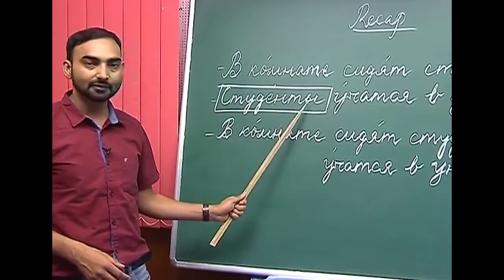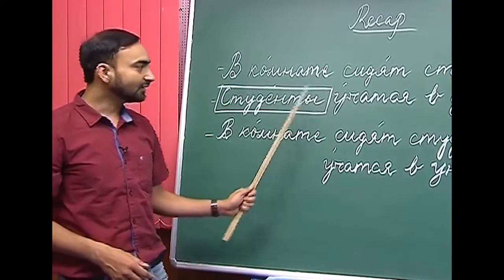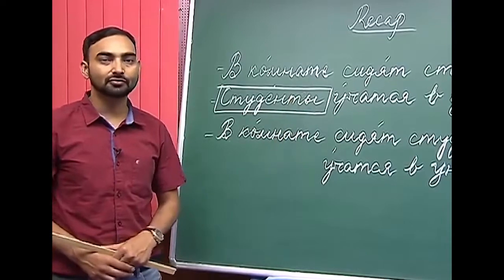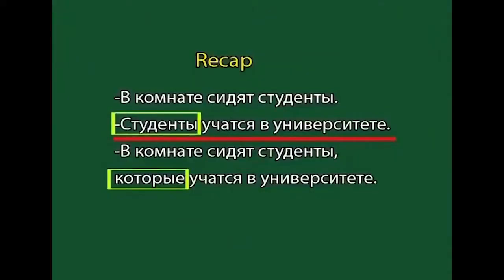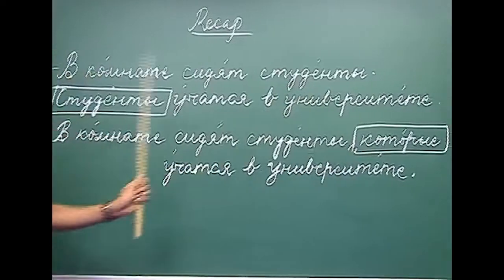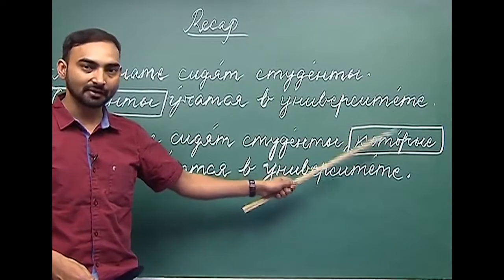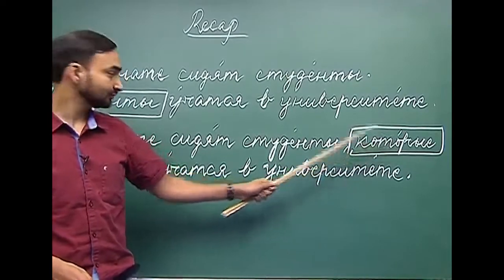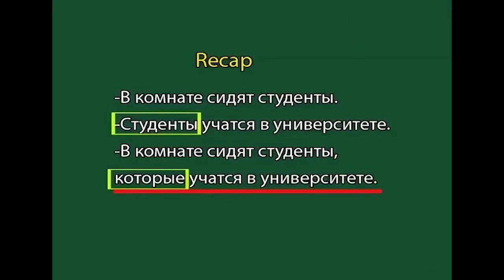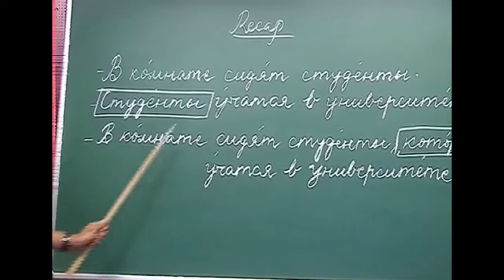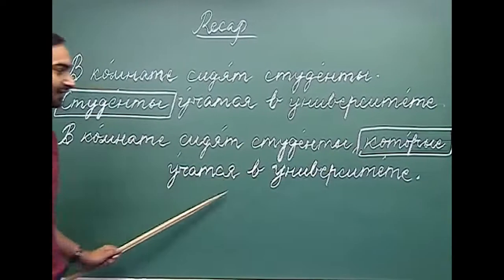Studianti, as you can see, is plural number, and the plurals do not have any gender. So, katorie is the form that refers to studianti. So, this is also in the nominative case, plural number. So, vkomnate sidyat studianti katorie uchatsa universitete.